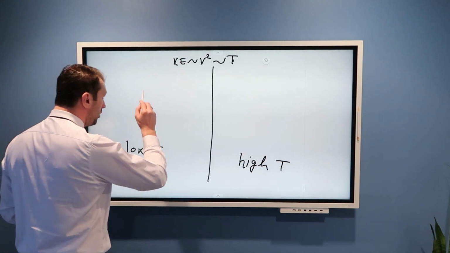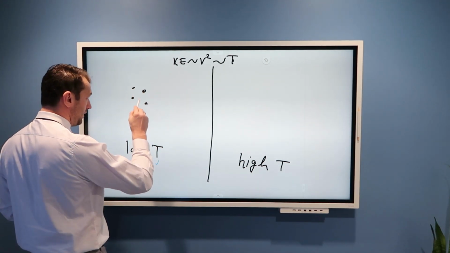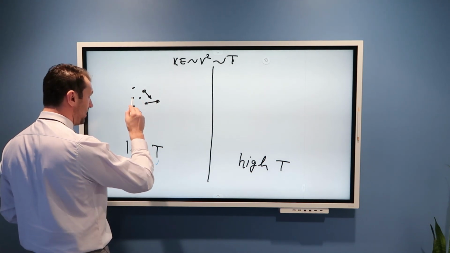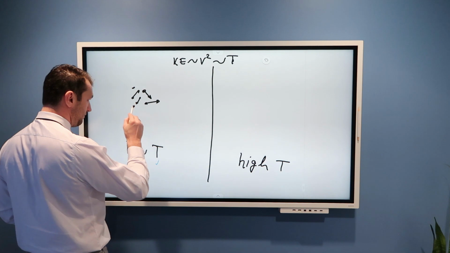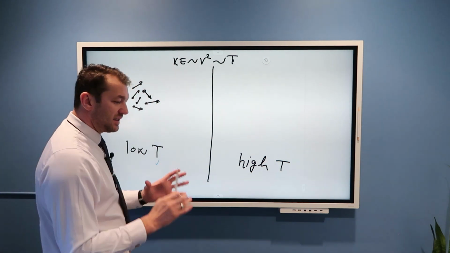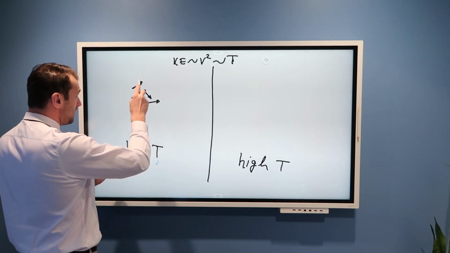In the case of low temperature, we have atoms and molecules that are moving around randomly in any given direction, but their speed is not high, indicated with these short arrows.